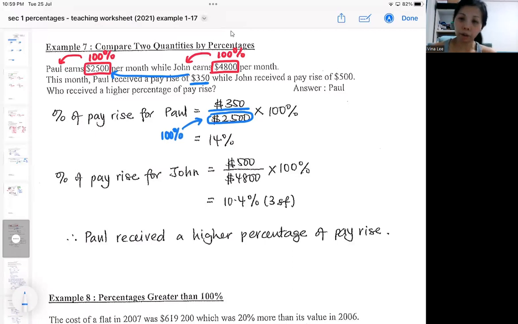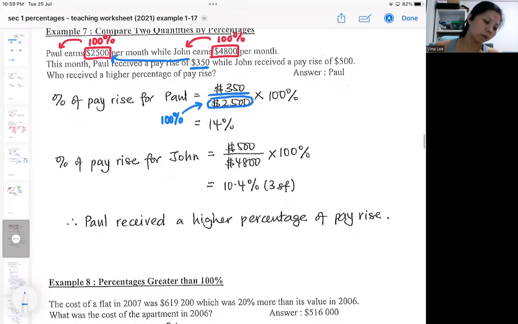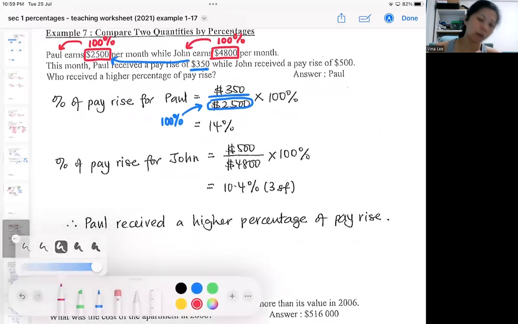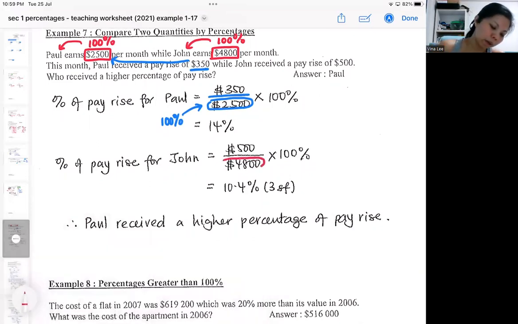Actually, if you do the calculation this way, Paul has a percentage pay rise of 14%. While John, on the other hand, looks like he got a higher pay raise of 500. But when we compare the 500 with his 100%, that means I divide by the 4008. His pay raise is 10.4%.